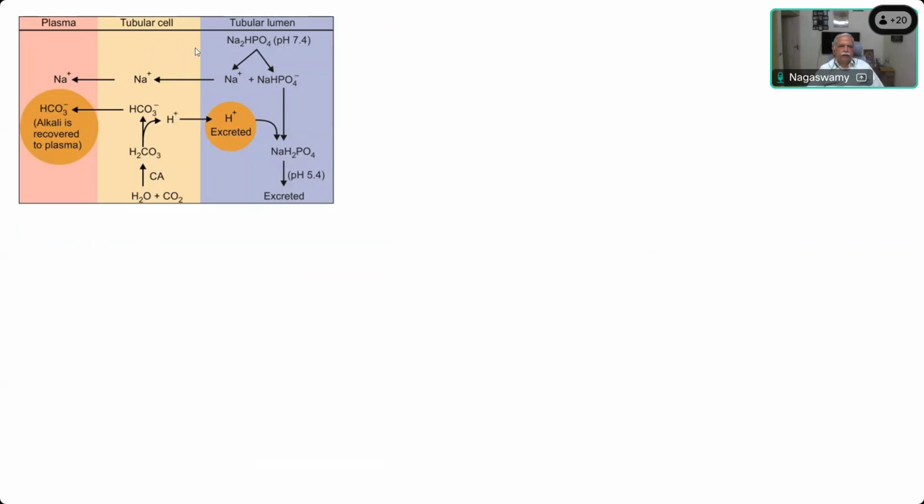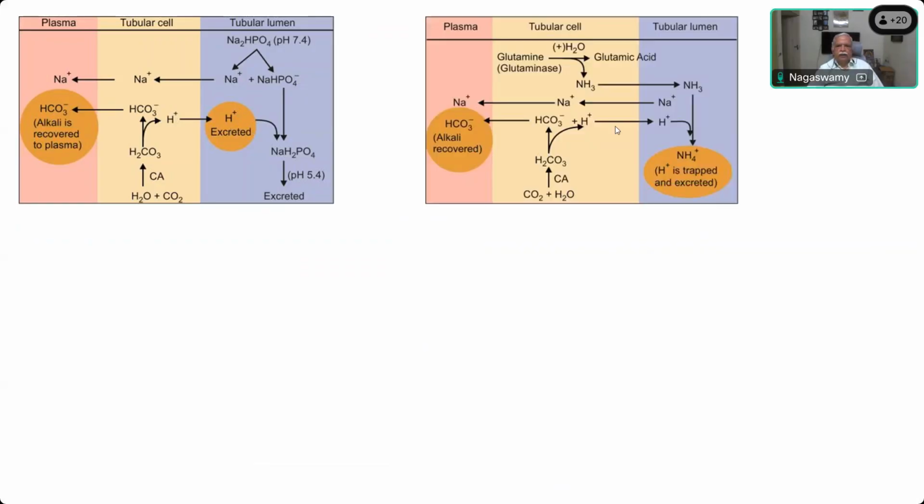This is the second mechanism at the tubular level. Again, sodium and bicarbonate are taken back into the body. The third mechanism is ammonia excretion. NH3 is ammonia, which takes up one hydrogen and becomes ammonium. So ammonia becomes ammonium by taking up hydrogen.